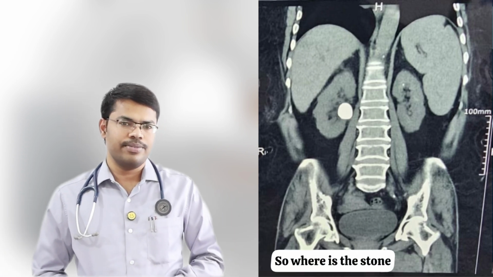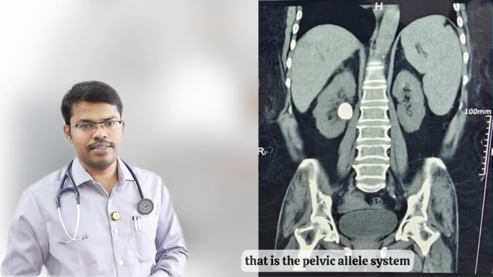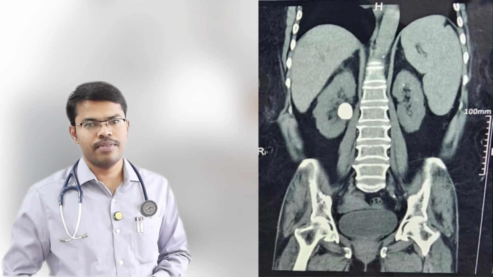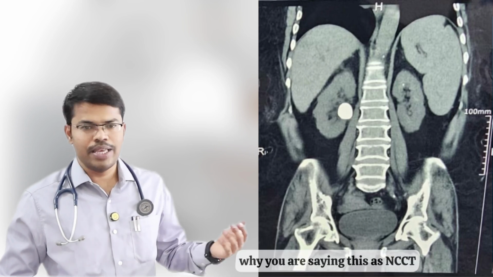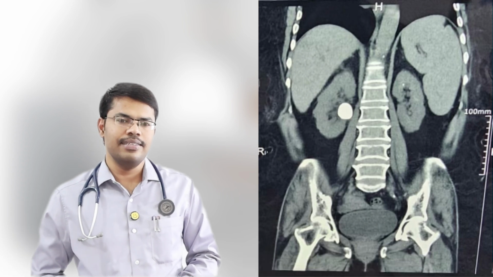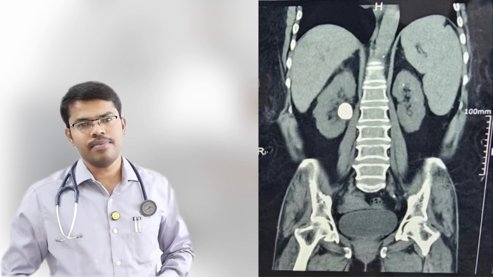So where is the stone? The stone is exactly in the urine draining pathway, that is the pelvicalical system. So here the question might be, why are you saying this is NCCT? Suppose only this particular section is given, it is very difficult.